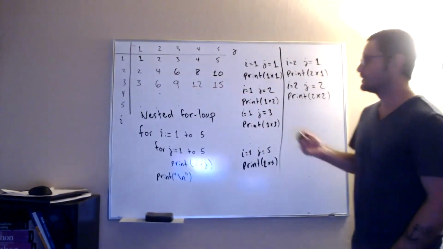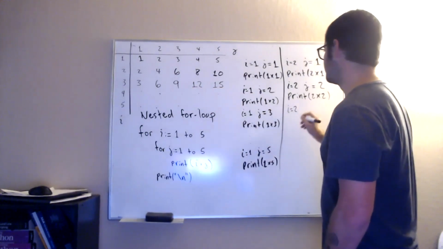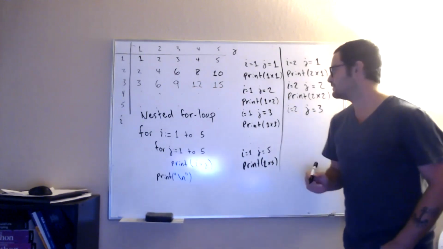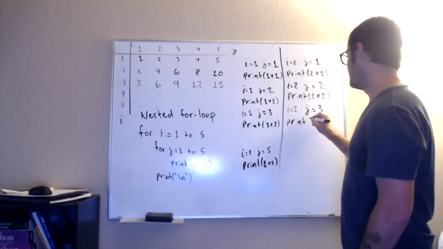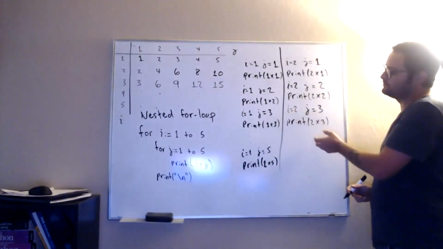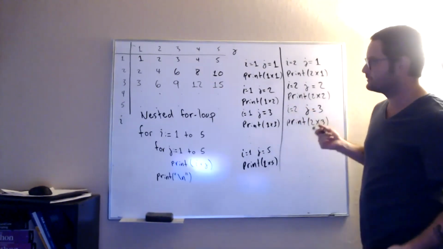Okay? Still inside of the second for loop, so I is still at 2, but now J is incremented to 3. And we print 2 times 3. Right? I should just put I and J, print I times J, but you get what I'm saying.